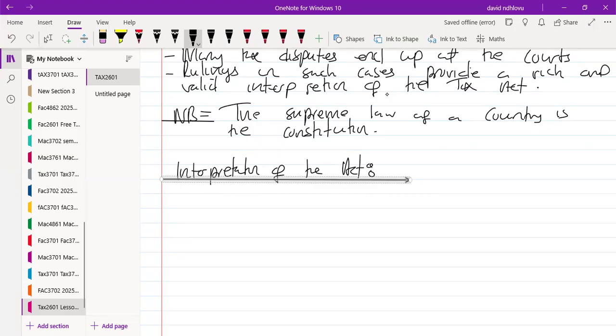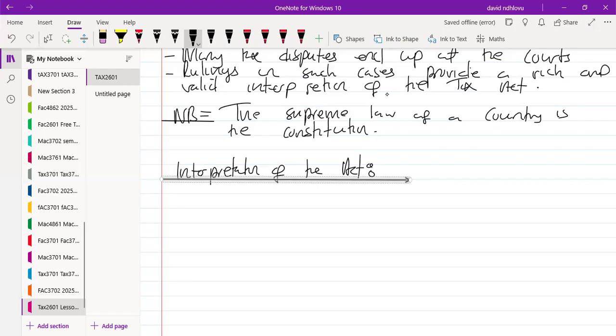So you have these two parties, the administrator of taxation, which is SARS, and the taxpayer, who are looking at a piece of legislation and both are trying to interpret. At times, you find that there are disputes between them. They don't come to an easy conclusion. Someone says this Act is saying this, and therefore you must pay. The other person says, no, I think it means this.